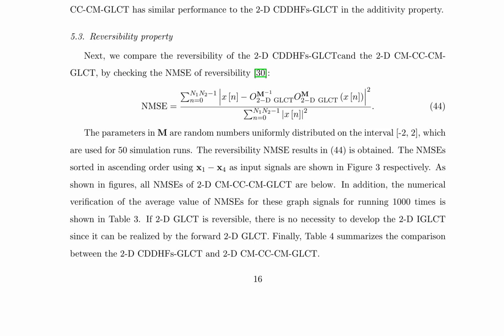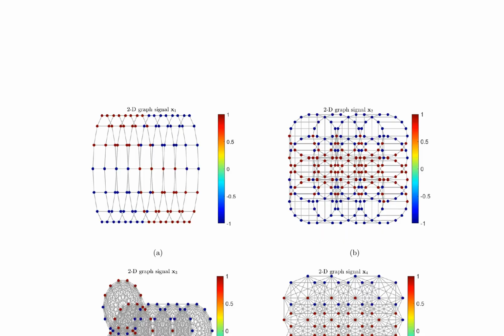The paper presents a comparative analysis of two-dimensional 2D graph signal processing techniques, specifically focusing on the additivity and reversibility properties. It introduces two novel methods, 2D CDDHFs-GLCT and 2D CM-CC-CM-GLCT, which are designed to improve the performance in these properties.